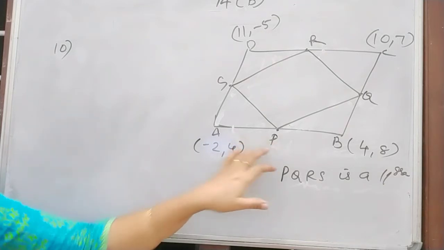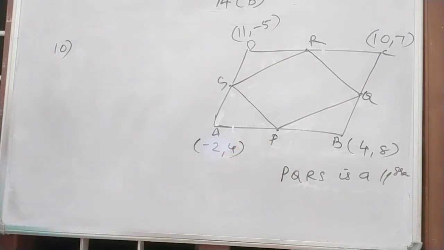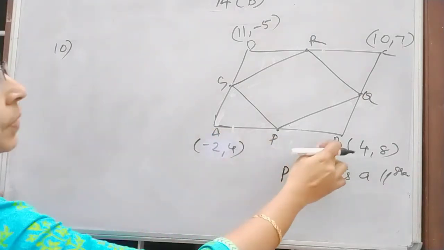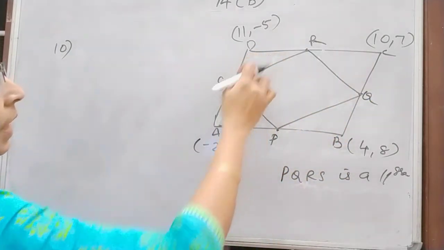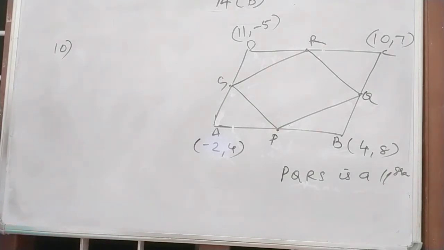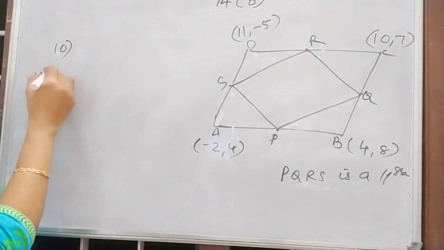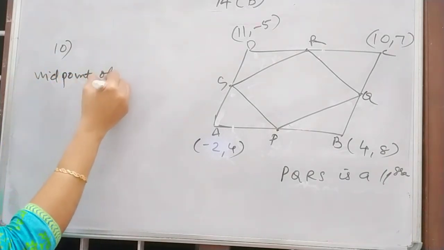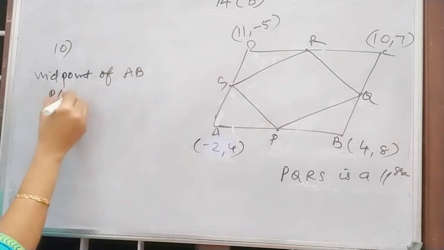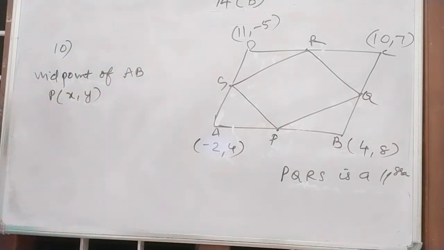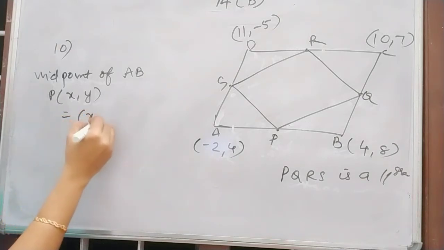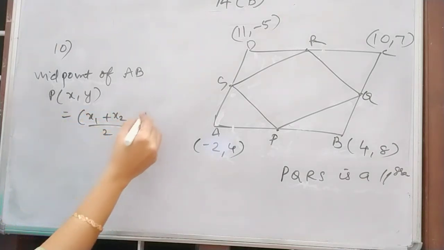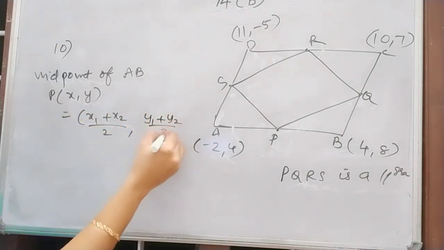Midpoint. So using midpoint formula, how can we find the midpoint of AB, BC, CD, AD? Midpoint of AB, let it be P(x, y) is equal to, formula is (x1 plus x2) by 2, (y1 plus y2) by 2.